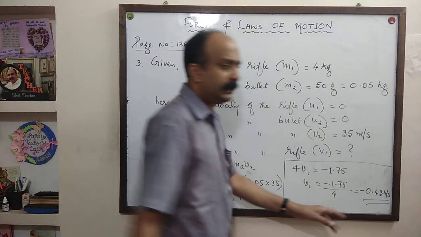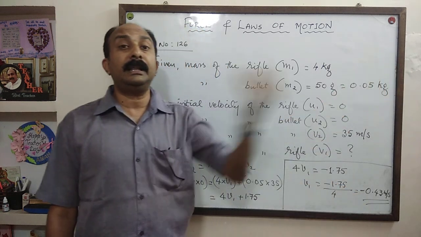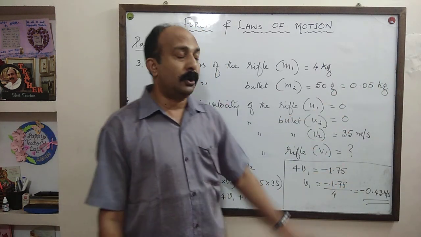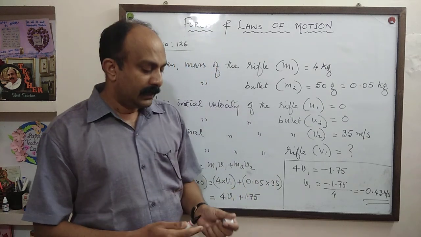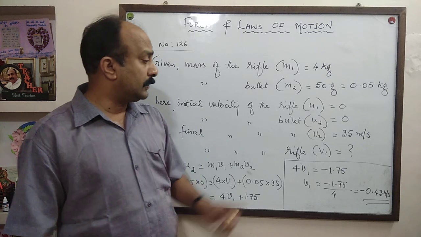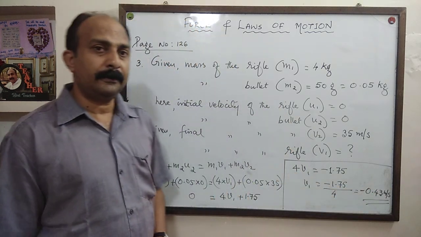See this minus sign. This minus sign indicates this velocity is acting in the opposite direction. So it is called the recoil velocity of the gun. So the answer, recoil velocity of the gun is equal to minus 0.43 meter per second.